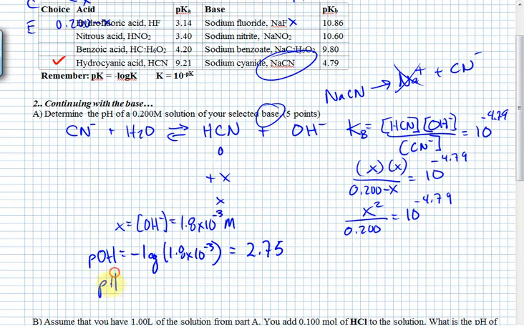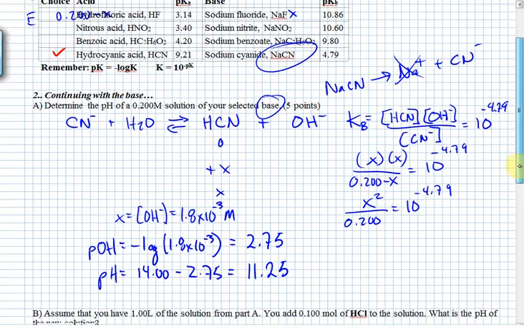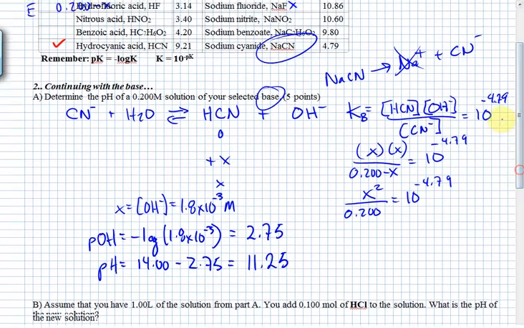The pH of the solution, therefore, is going to be 14 minus 2.75, or a fairly basic 11.25. That makes sense. The pH is greater than 7, and relatively high. This is a relatively basic solution because our conjugate base, the cyanide ion, is a significant weak base. Okay, I hope the idea of significant and weak put together makes sense based upon the Kb.